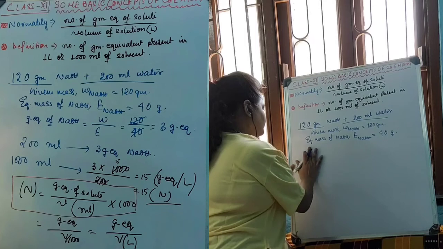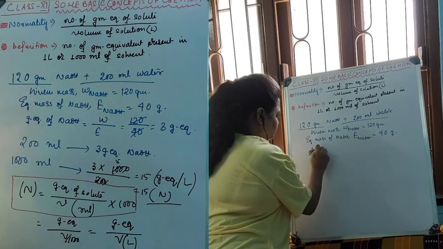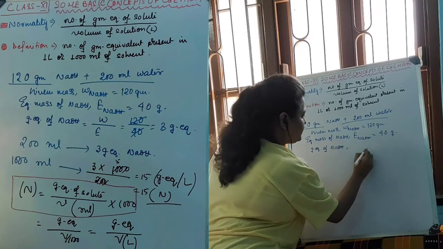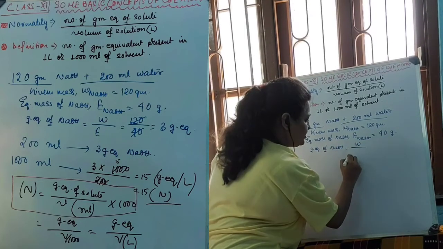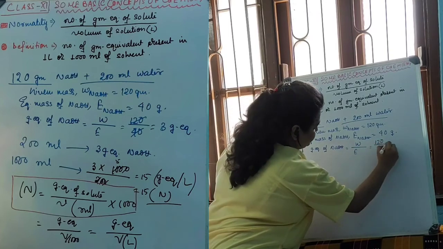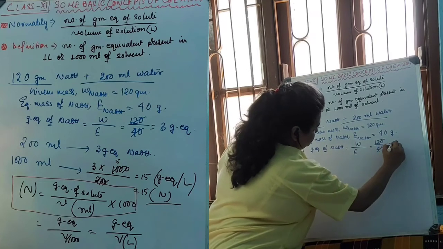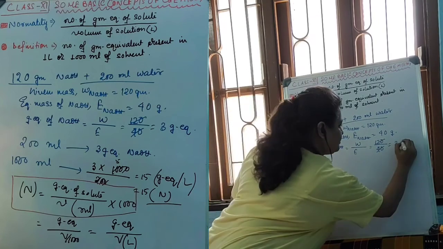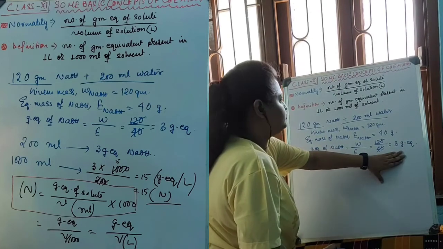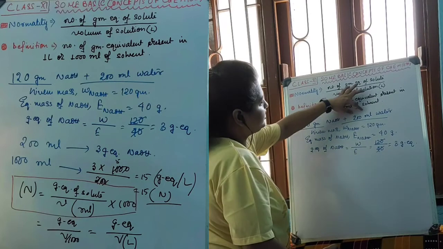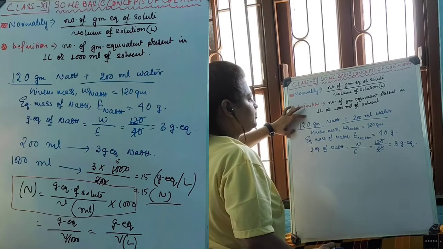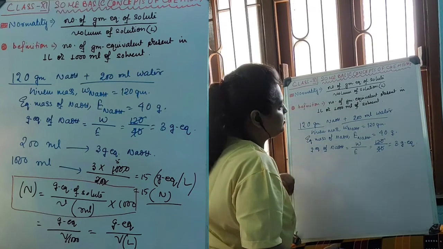Therefore, gram equivalent of NaOH is equal to given mass of NaOH by equivalent mass of NaOH, which is 120 by 40, which will give 3 gram equivalent. Therefore, I can say that 3 gram equivalent of NaOH has been dissolved in 200 ml of water to produce a solution, instead of saying 120 gram of NaOH is dissolved in 200 ml of water.